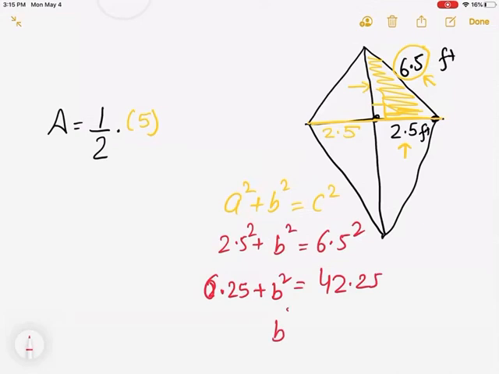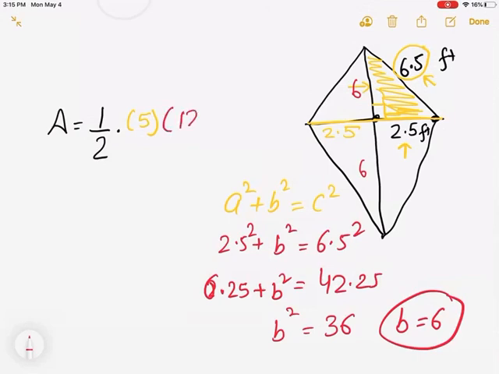So b squared is going to be equal to 36, and eventually b is equal to 6 here. So if this piece is 6, this is also 6, I know it doesn't look like it, but assume it is. So you already know 6 and 6, that's going to be 12 for the other diagonal. And finally, my answer would be 30 feet squared.